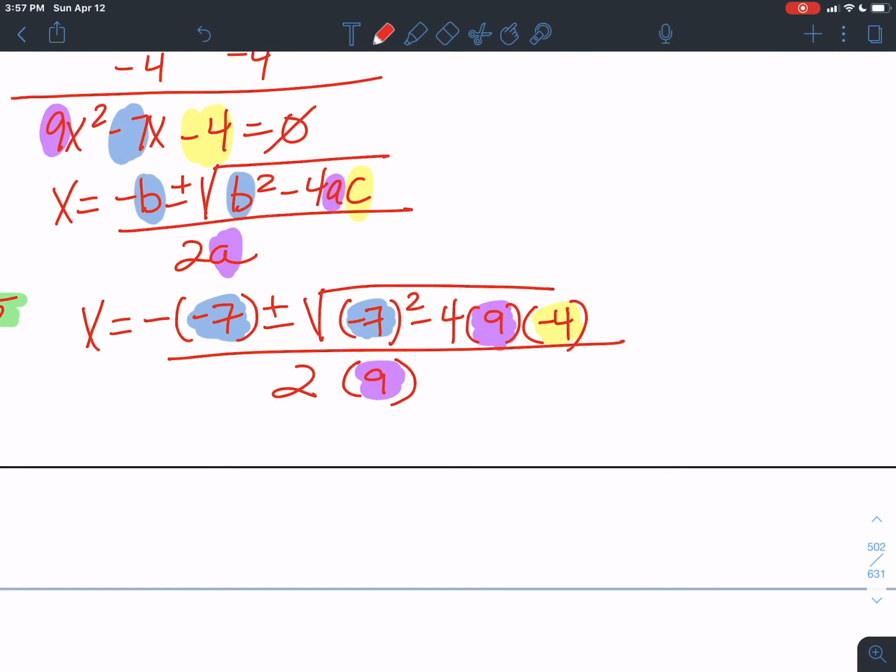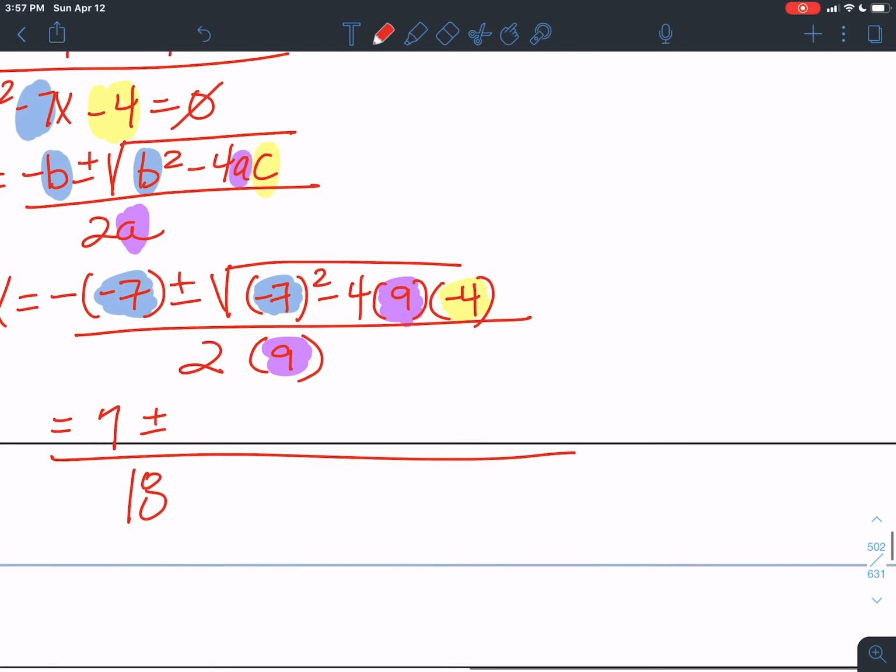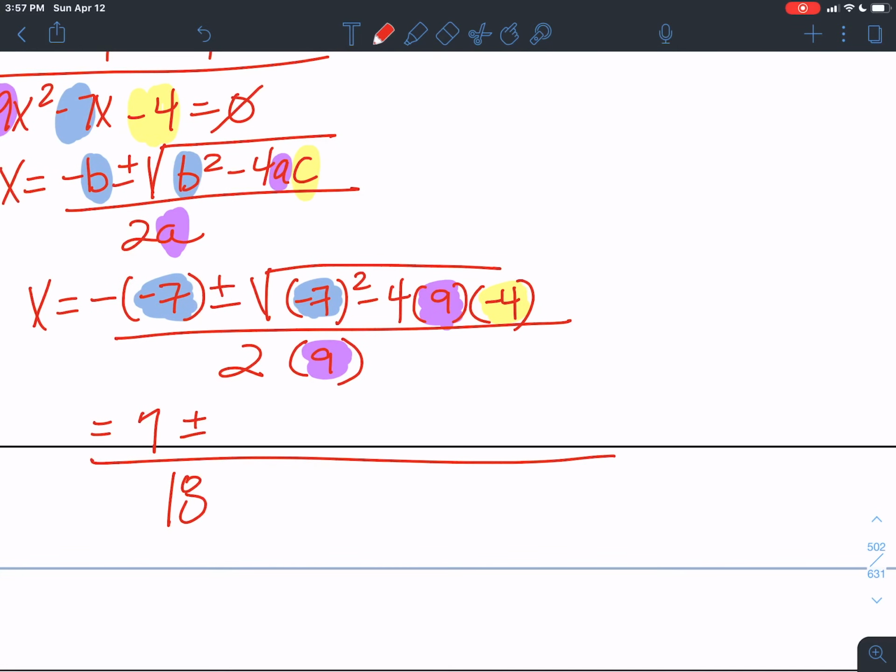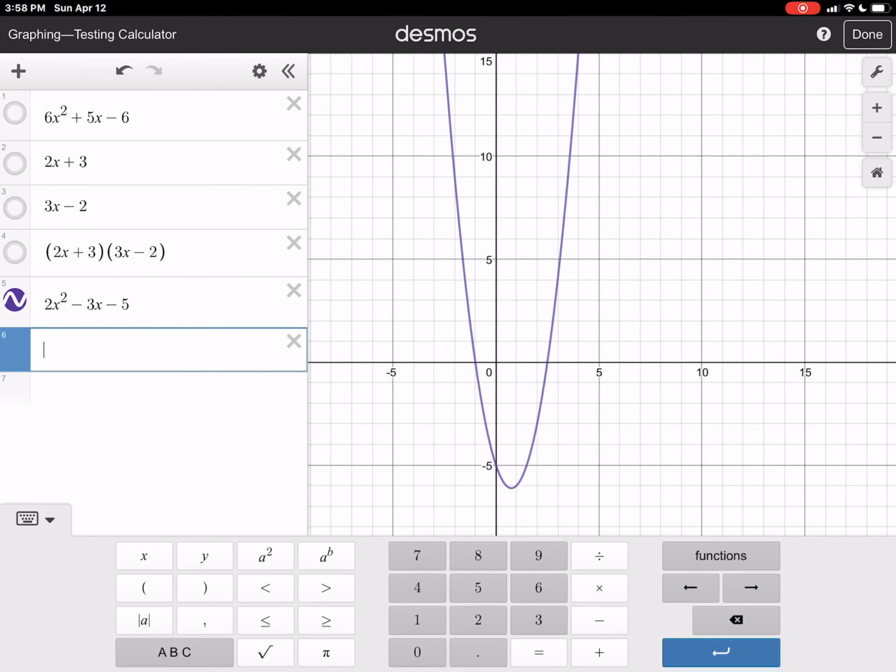So double negatives make that positive. 2 times 9, that's 18. Negative 7 times negative 7, that's 49. 4 times 9 times 4, no idea. Let's plug it in just to make sure. Negative 4 times positive 9 times negative 4.